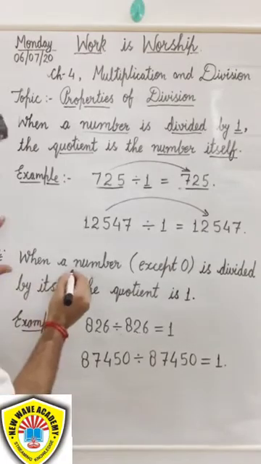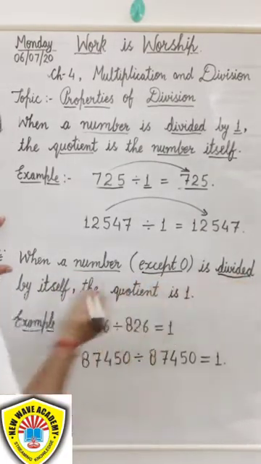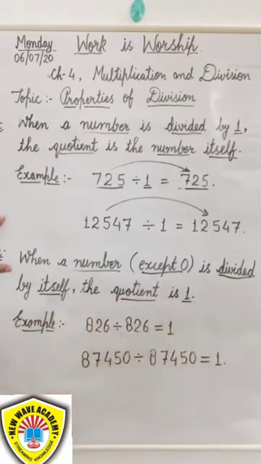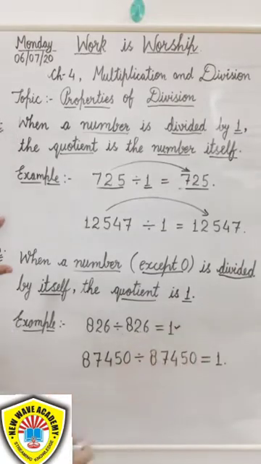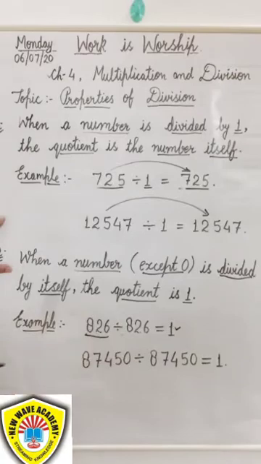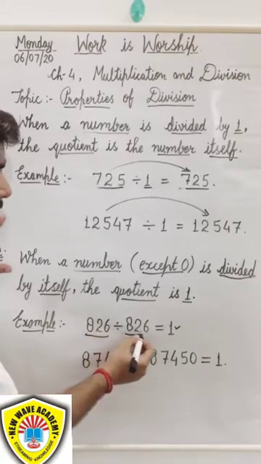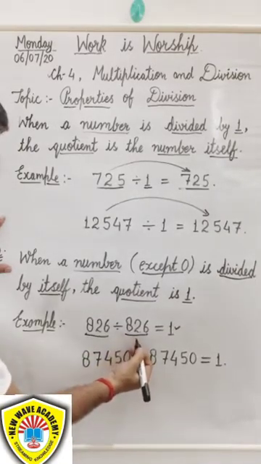Second property is: when a number except 0 is divided by itself, the quotient is 1. It means when we divide any number by itself, we will always get the quotient 1. Suppose we have number 826 as the dividend, and we have to divide this by 826 again, which is called the divisor.